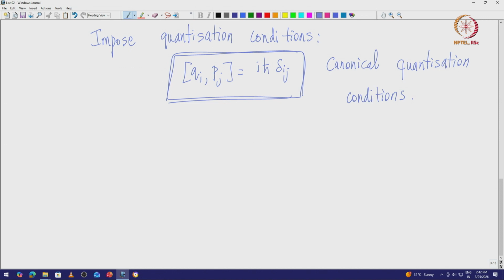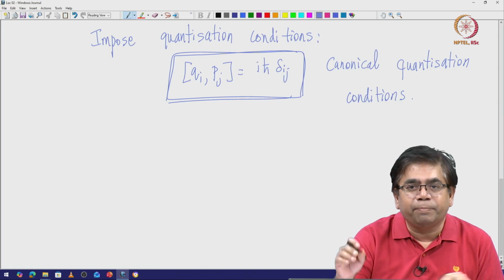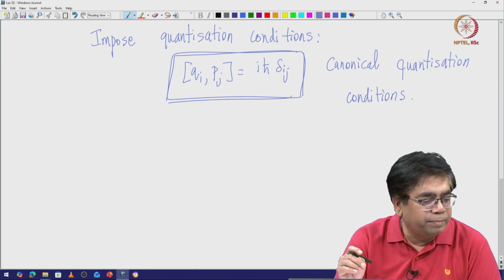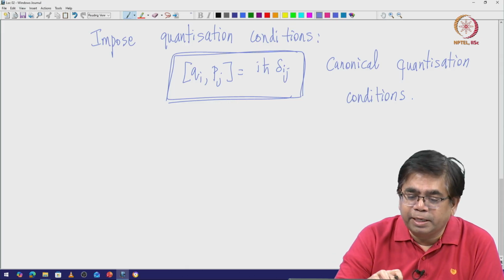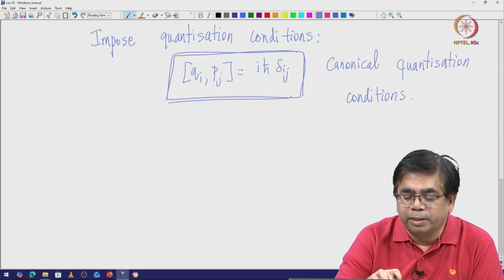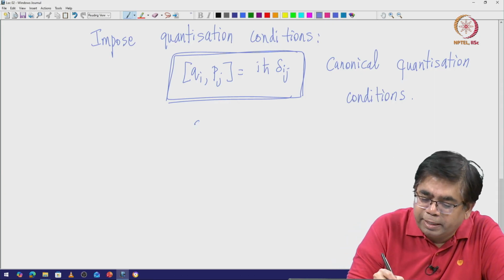For a small period of time, allow me to put h bar, and then I will set it back to 1. The basic idea is to define the canonical conjugate momenta for the generalized variable and impose quantization conditions in terms of commutation relations between the variable and its canonical momenta, in terms of i h bar.